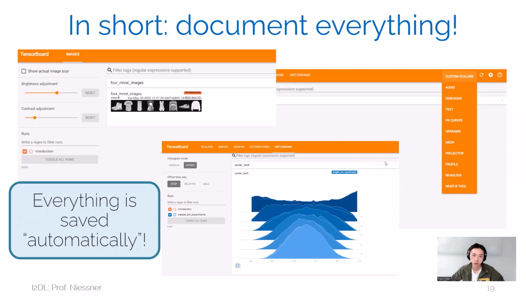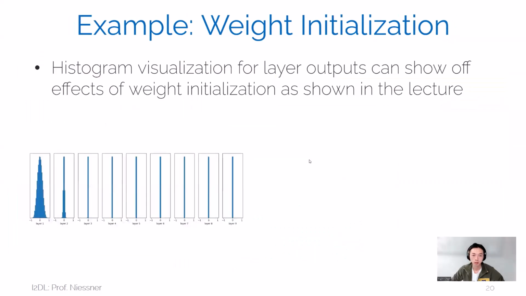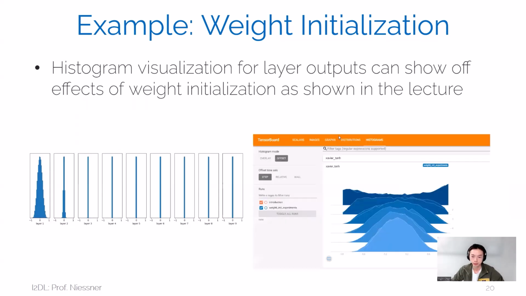Everything you can save or use some functions in TensorBoard and then display here. One example is weight initialization. You can visualize the histograms of layer outputs to show the effects of weight initialization, as shown in the lecture. Here you can show some visualizations and display them from TensorBoard.